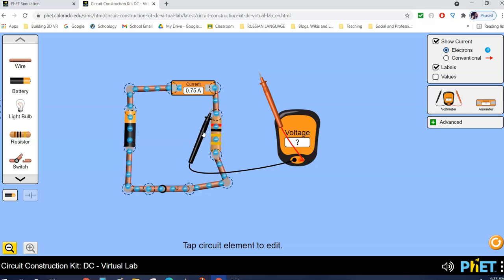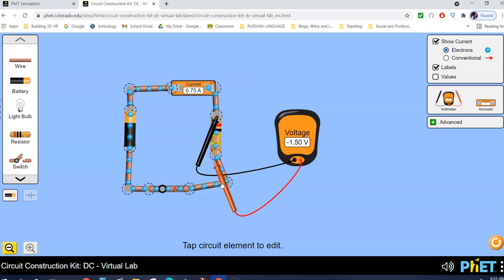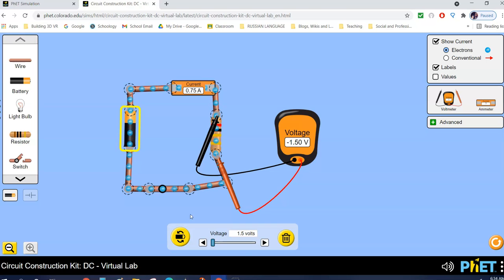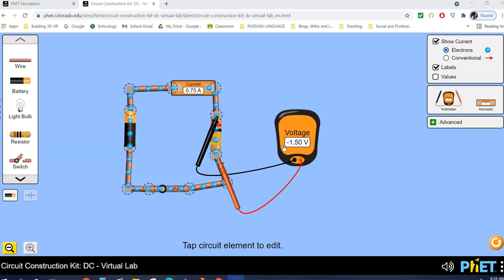But we actually refer to that as a voltage drop. So we've got a voltage gain of 1.5 volts and a voltage drop across the load of 1.5. Okay, so that's the basics there.